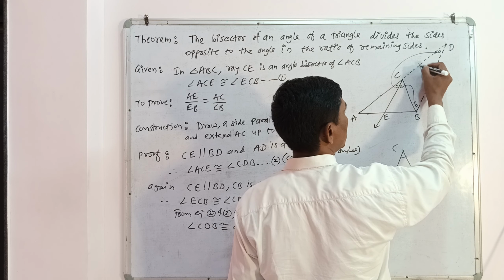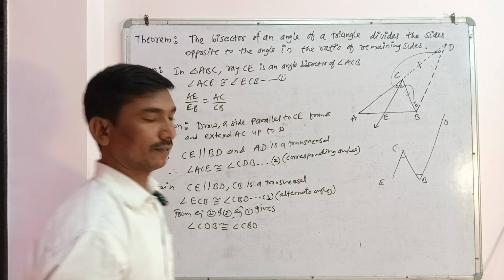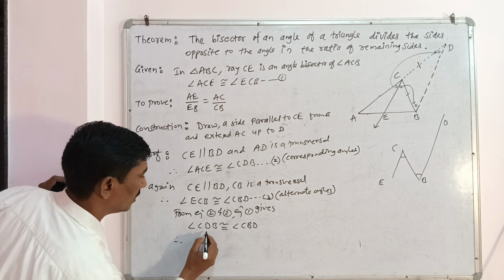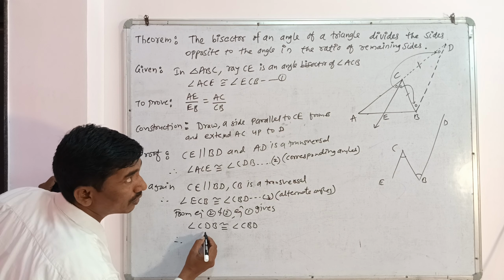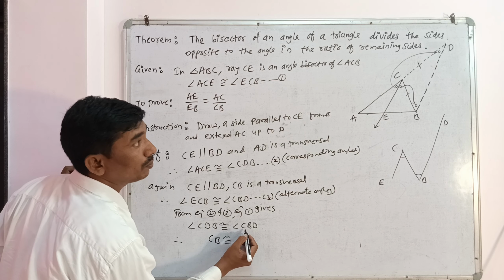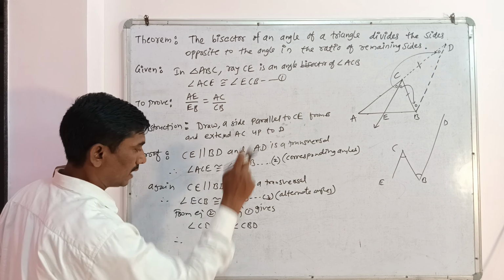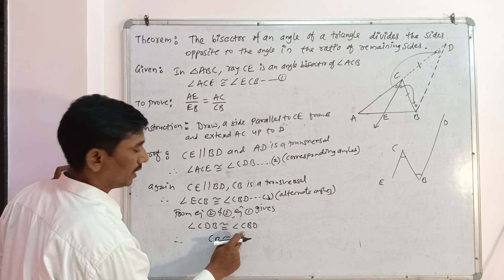I can say that CB and CD must be congruent. So I can say side opposite to CDB is what? It is CB. And side opposite to CBD is CD.